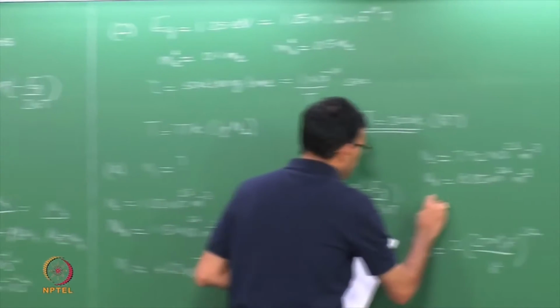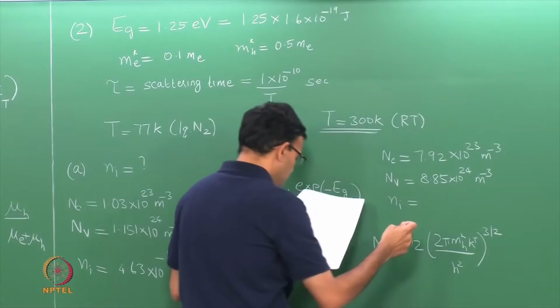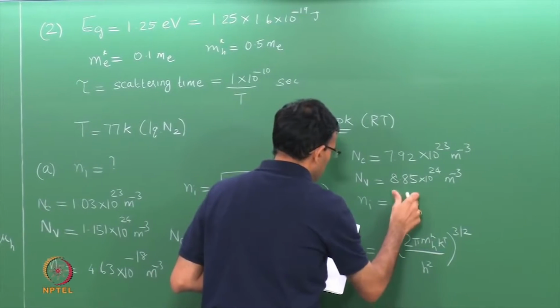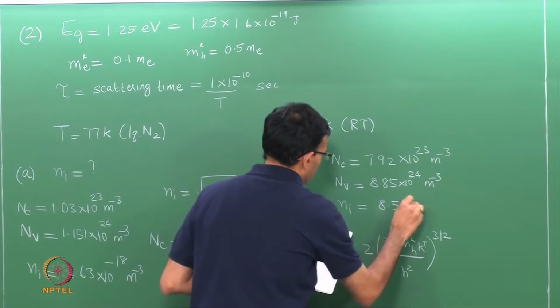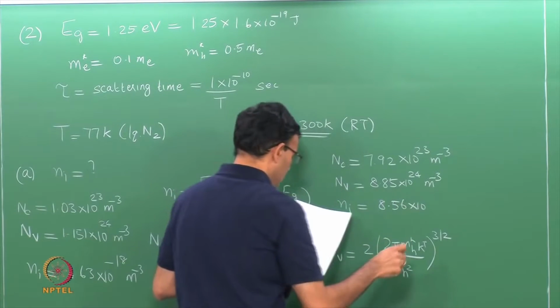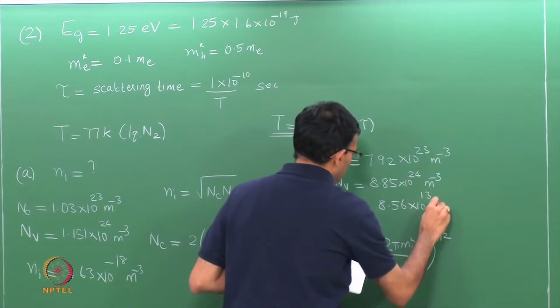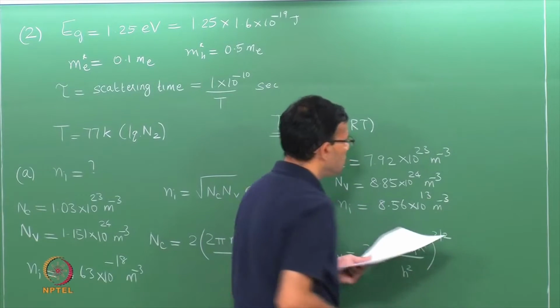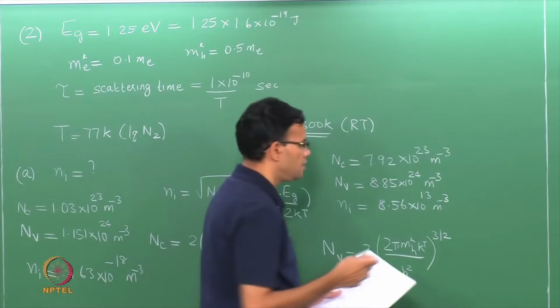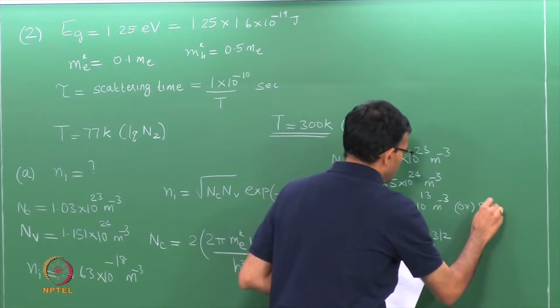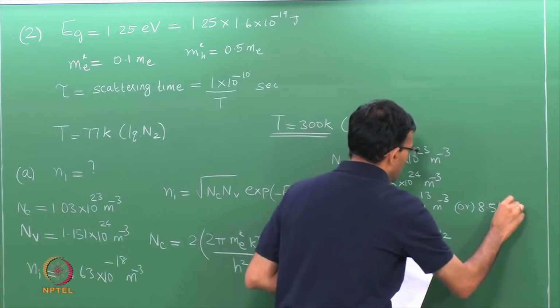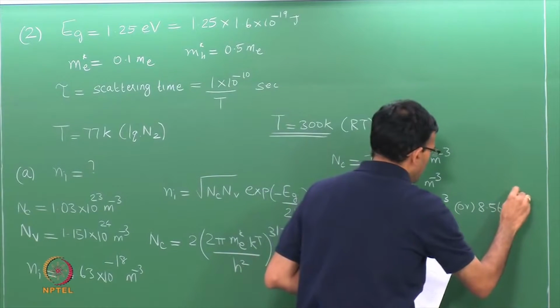Ni at 300 Kelvin is 8.56 times 10 to the 13 per meter cube. I can also write this in centimeter cube as 8.56 times 10 to the 7 per centimeter cube.